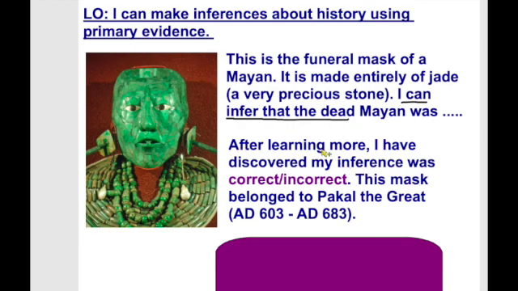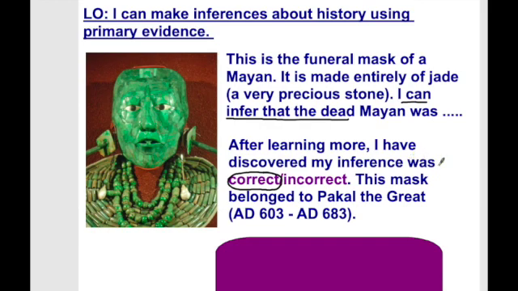After learning more, I have discovered my inference was... Were you correct? Did you think that this person was a ruler or a king? Or were you incorrect? Now, if you said that they were an important person, you could say my inference was partly correct, because you were a bit correct.